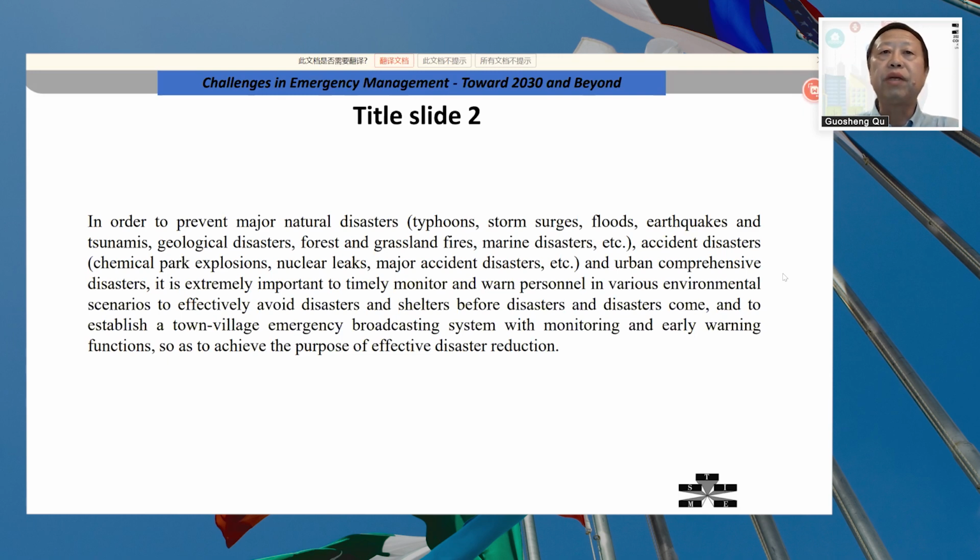It is extremely important to timely monitor and warn personnel in various environment scenarios to effectively avoid disaster and reach shelters before the disaster comes, and to establish a town-to-village emergency broadcasting system with monitoring and early warning function, so as to achieve the purpose of effective disaster reduction.